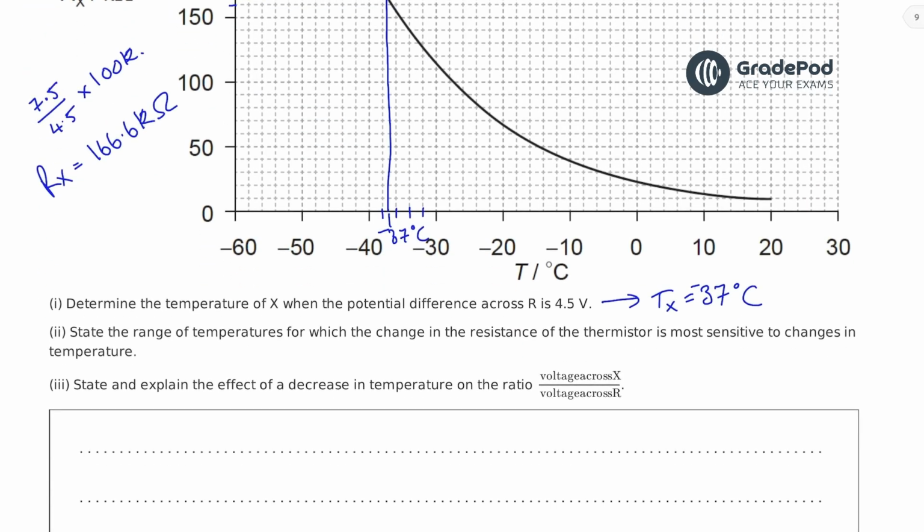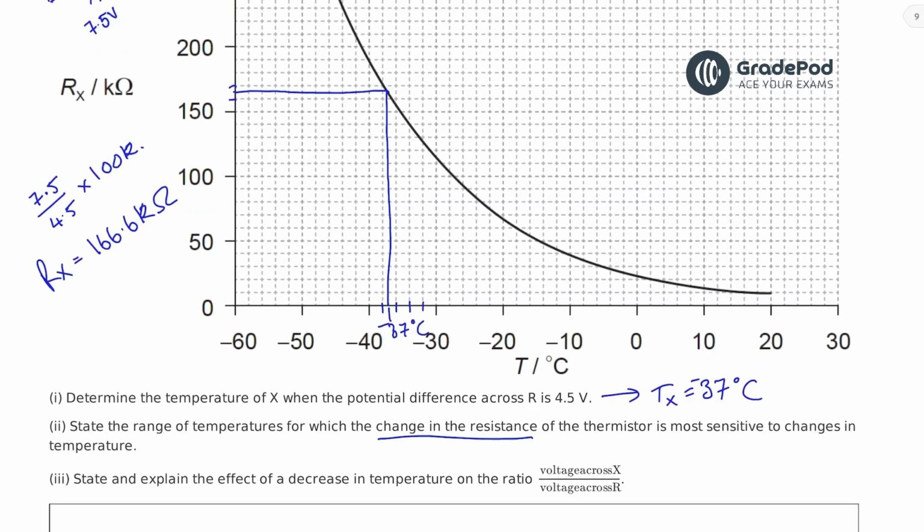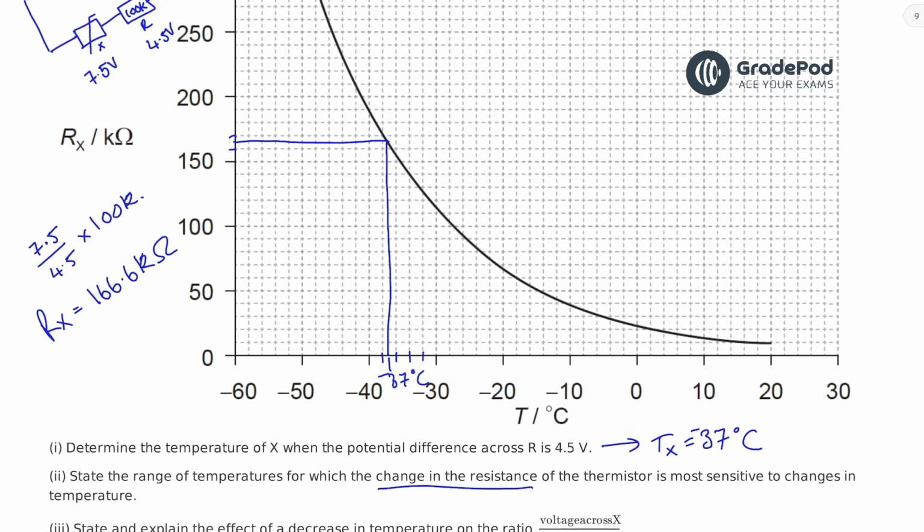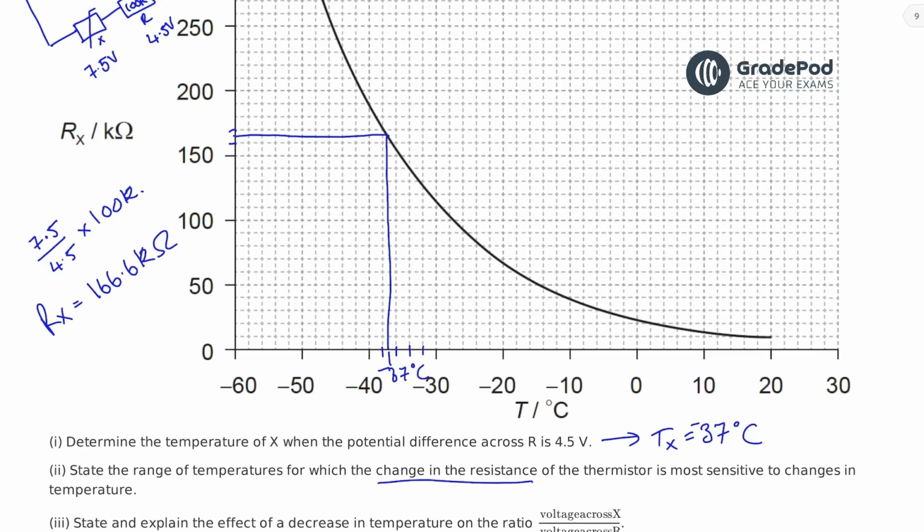State the range of temperatures for which the change in resistance of the thermistor is most sensitive to changes in the temperature. So what they're really saying is where is the gradient the steepest? Where are we going to get the biggest change over the smallest temperature range? And we're definitely going to start here. It gets very steep and then it stops being steep around there, and sort of evens off.